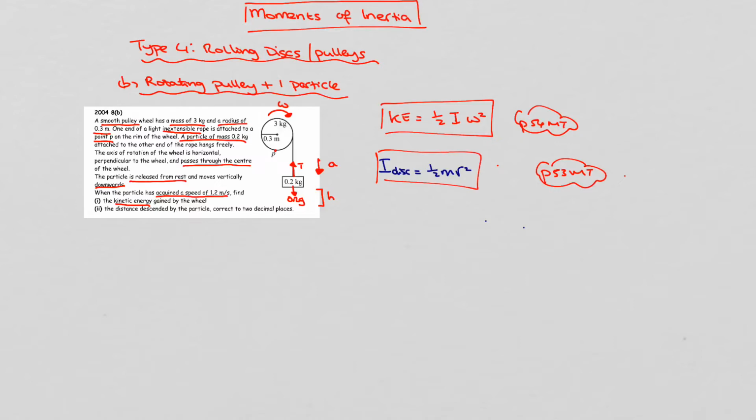My mass, we're told, is 3, and the radius is 0.3, and I have to square that, and that gives me my moment of inertia to be 0.135.